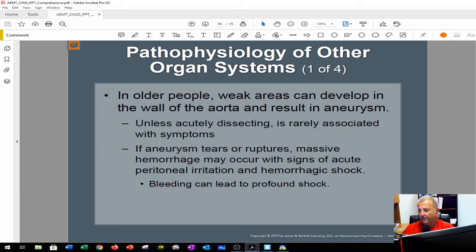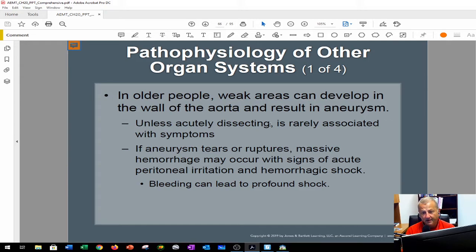So here we talk about the aorta and the abdominal aorta, a large vessel coming off the aorta of the heart, right? And what happens is patients with a history of hypertension, uncontrolled at times, have a weakened aorta.